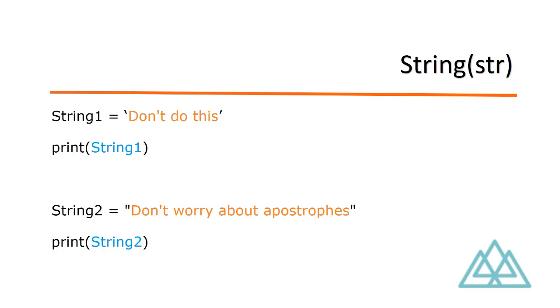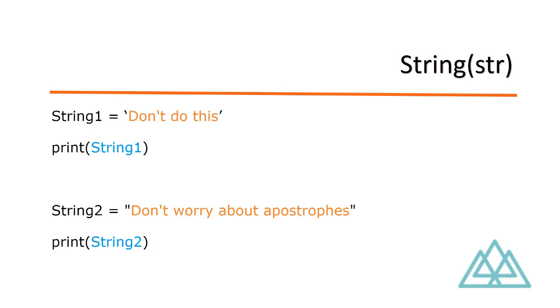Hello is stored in str1, that is the variable, and I just print the variable's name inside the print function. The second one is "hello" with double quotes, stored in str2. If you print the str2 variable, there is no difference in the result at all.